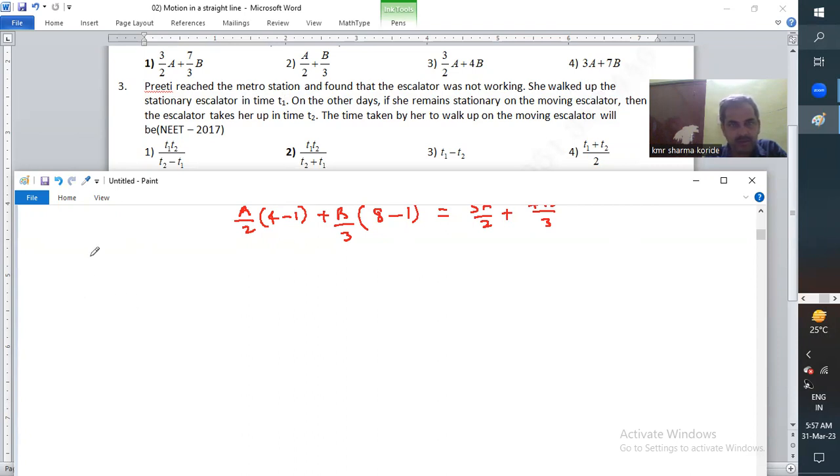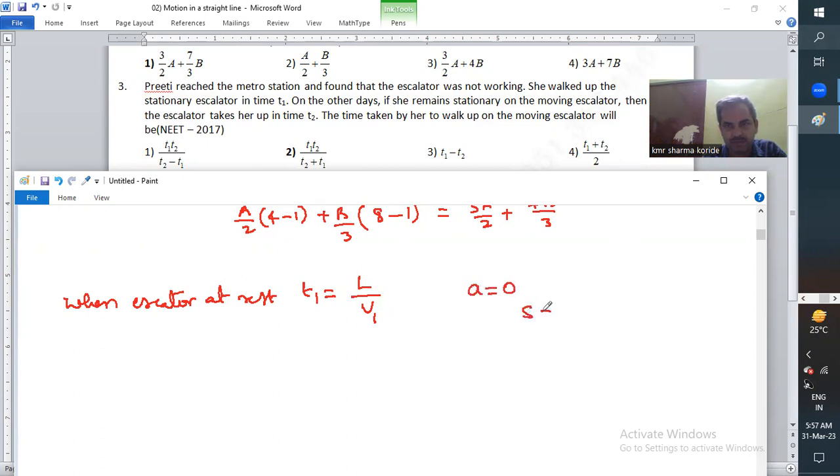So, first, when escalator at rest. Time taken t1 is equal to length by velocity. So, let us say this is v1. You can expect that she can walk with uniform velocity only. So, therefore, acceleration does not exist.